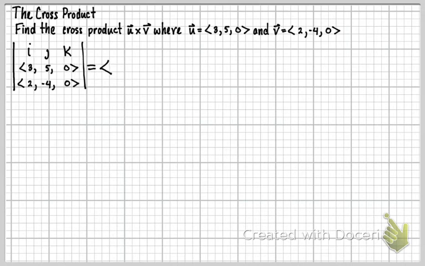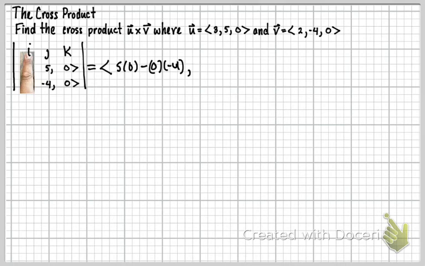If I just take my finger and cover up that first column, when I'm doing that determinant, I'm going to get 5 times 0, minus 0 times -4. So I'll write that out for you. That would end up being 5 times 0 minus 0 times -4, and that would be the first entry. And we know it's going to be 0.